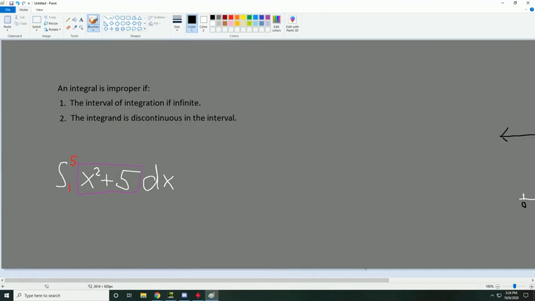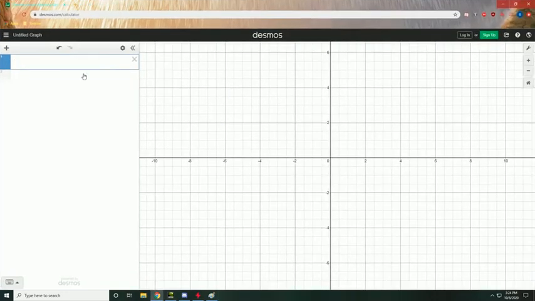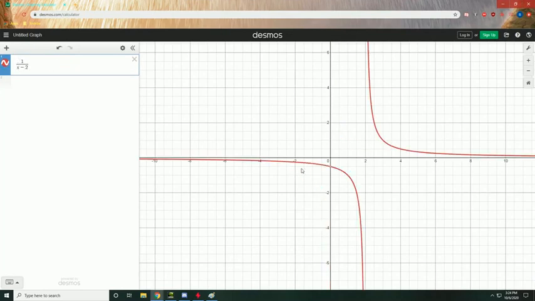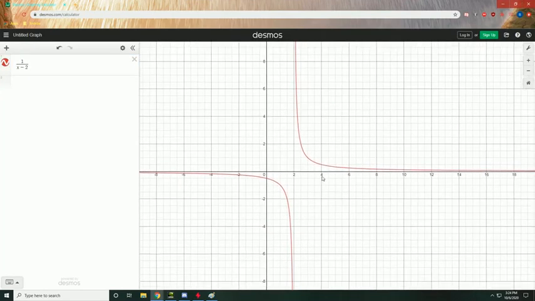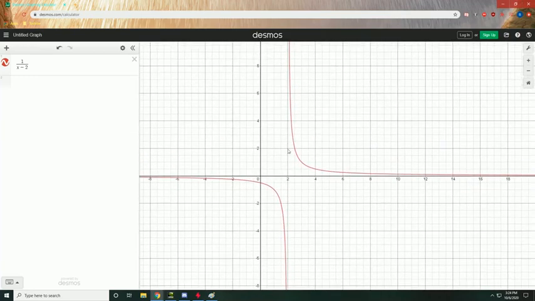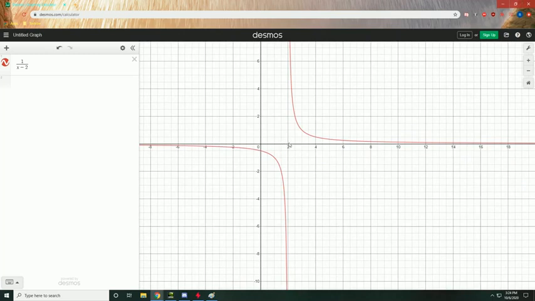Now let's look at another example on Desmos. Let's look at 1 over x minus 2. When we look at this, there is a clear point of discontinuity at x equals 2.